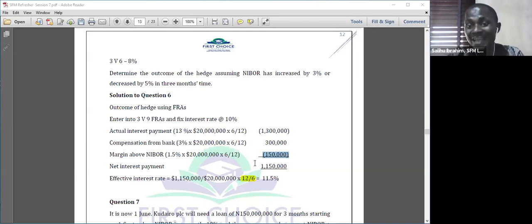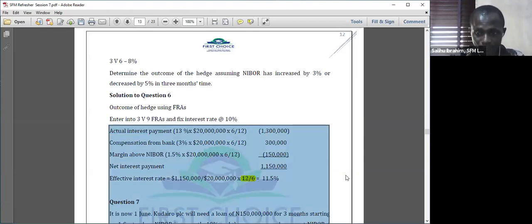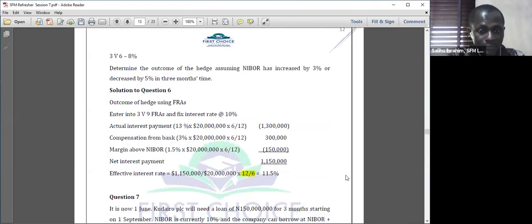The outcome of the hedge means that the examiner wants to see the actual amount of interest you have paid. So you need to show the compensation, how it flows. Do you understand? You need to show how it flows. That is that about forward rate agreement.